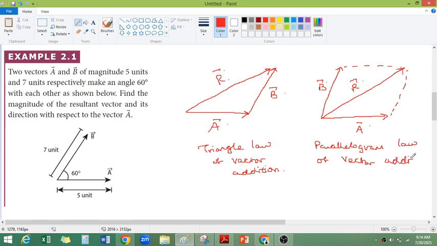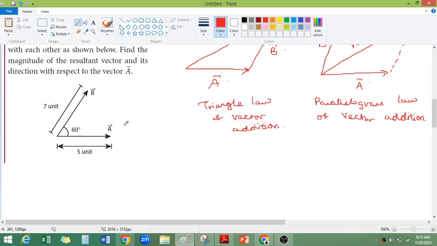If you have any doubts, please raise your doubts. Both will give you the same answer. Both are vector addition concepts. So coming back to it, you can directly apply the formula. The resultant is going to be somewhere here. You can use your parallelogram law.